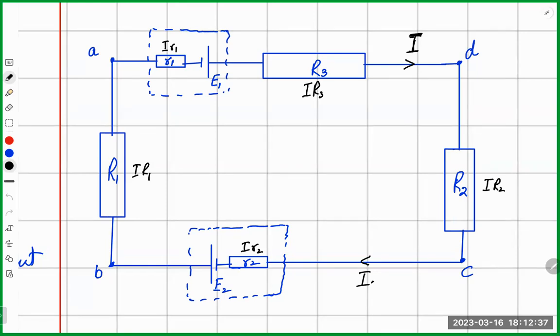If one of them had its terminals in the opposite way, then it would be E1 minus E2 or E2 minus E1. In this case it is E1 plus E2, which is the total EMF developed, and the total potential difference will be Ir1 plus Ir2 plus IR1 plus IR2 plus IR3.